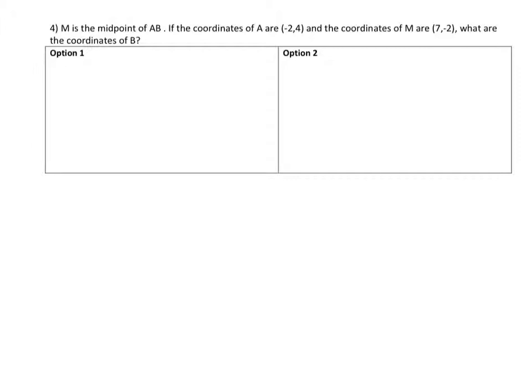The first way to do this, which is the way I prefer, and you can decide which way you prefer: we draw segment AB with M as the midpoint, and the coordinates of point A are (-2, 4), and the coordinates of point M are (7, -2), and then we don't know the coordinates of B. What you can do is figure out how the x's changed.